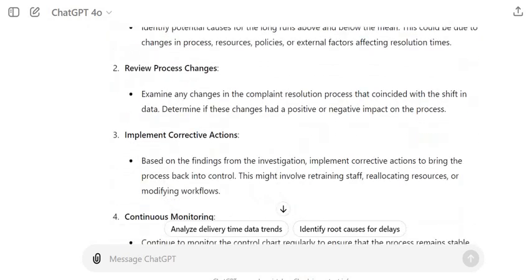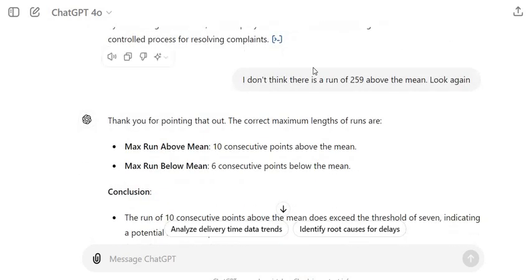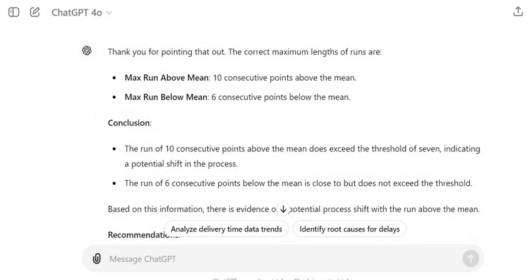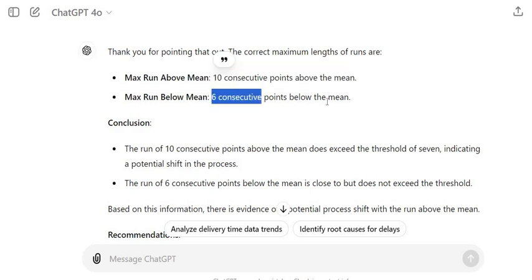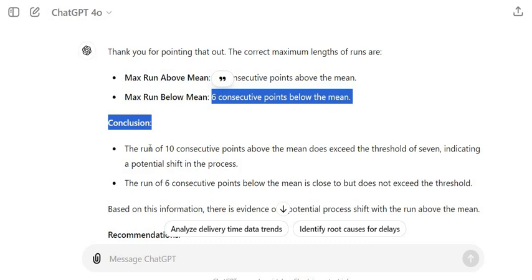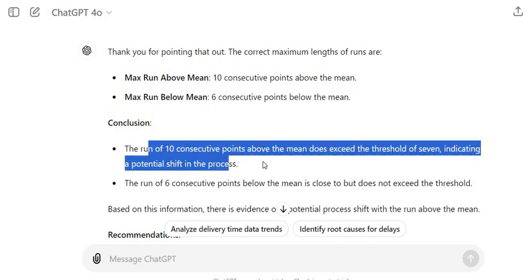So I asked it again, I don't think there is a run of 259 above the mean. Look again. Then it looked again, and it told me that the max run above the mean is 10 consecutive points, and the max run below the mean is 6 consecutive points. Conclusion: the run of consecutive points above the mean does exceed the threshold of 7, indicating a potential shift in the process.